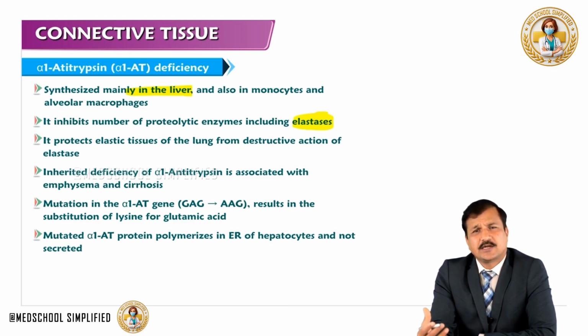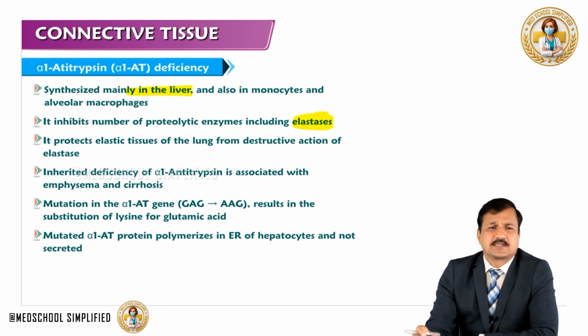So alpha-1 antitrypsin protects elastin by inhibiting the activity of elastase, and thereby it protects our lungs and other elastin-containing tissues from degradation by the action of elastase.